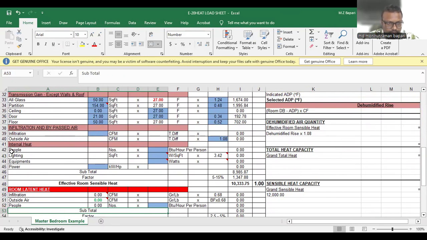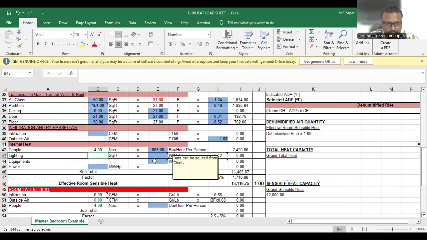We'll do it later on. For people, let's do this one, internal heat gain. We have 4 people inside, and per person is 605. So in total, we have 2420.